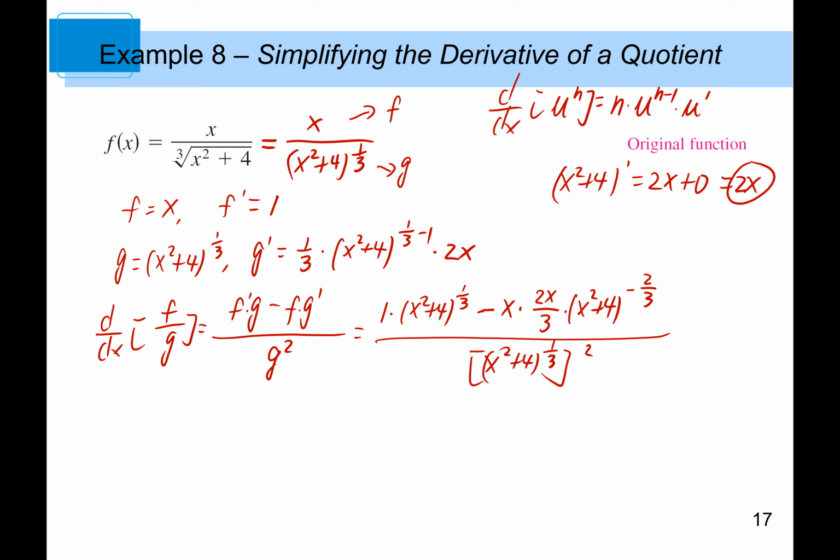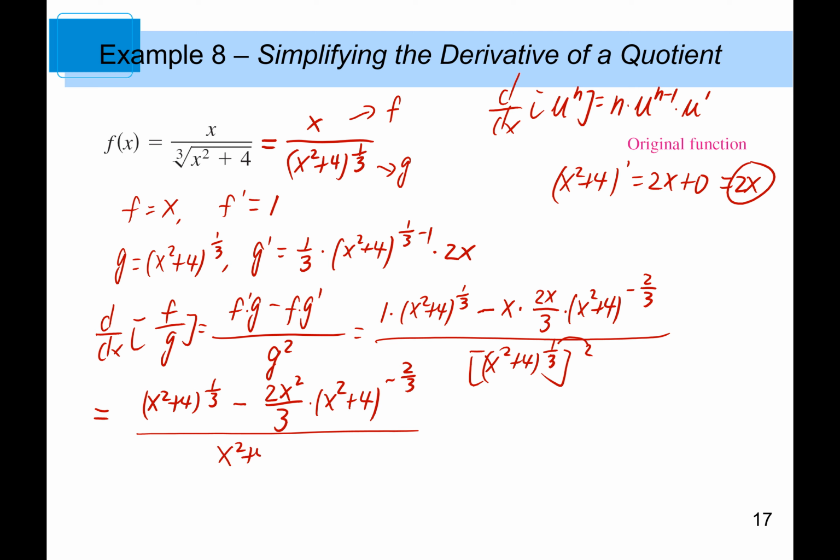So then we have to do a lot of algebraic simplification here, right? So first of all, the first thing becomes x squared plus 4 to the 1/3, minus 2x squared over 3 times x squared plus 4 to the negative 2/3, over, and when you have an exponent to another exponent, you just multiply these two exponents, so we have x squared plus 4 to the 2/3.